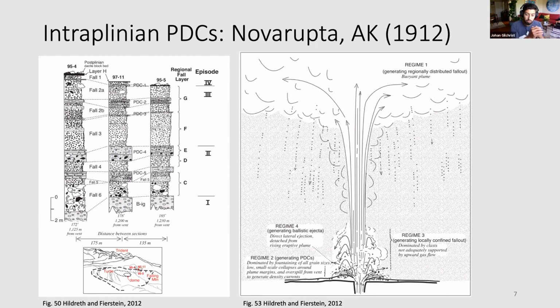But more recent work, and I think they revised this in their 2012 paper with this regime diagram incorporating work from Bruce Houghton, suggests there's probably a partial collapse regime for this eruption column that emplaced this deposit, where you have fountaining along the margins of material generating intermittent or periodic or perhaps continuous collapse. And then in the center of the column, you have material rising, going through a buoyancy reversal to convective rise to feed an umbrella cloud.